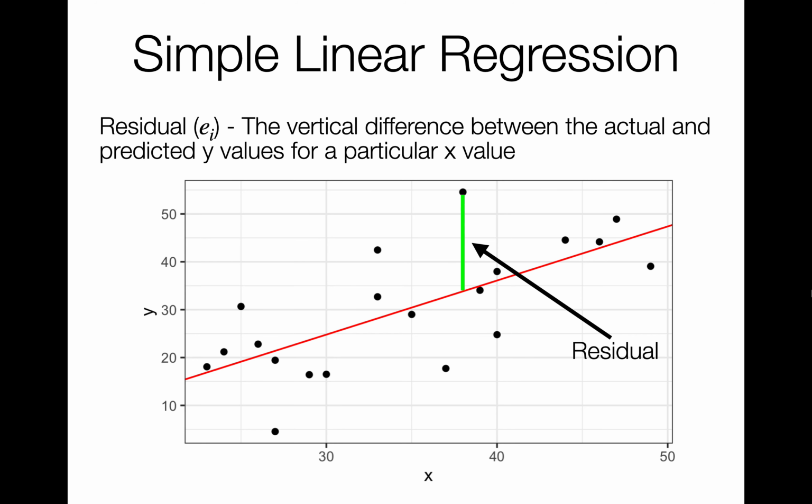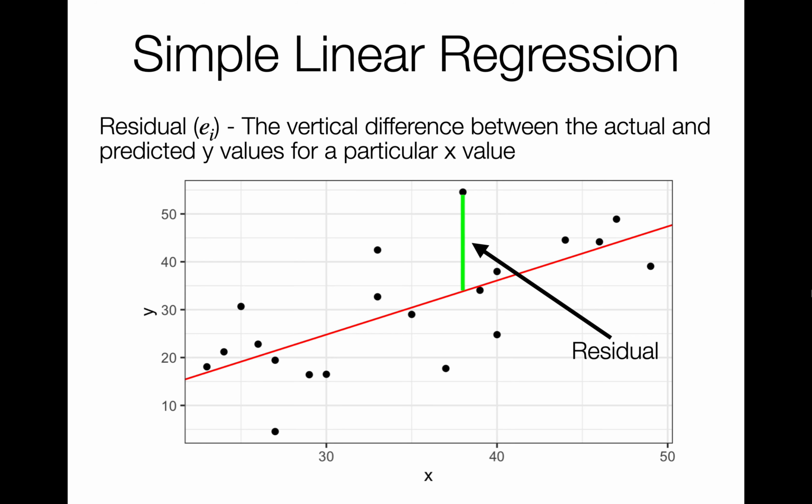And so I could create a residual for each data point. And the question is, what do I do with those residuals? Do I add them up? Do I do something else? If you were in my statistics course, Stats 1, you probably talked about this in your Stats 1 or equivalent class.